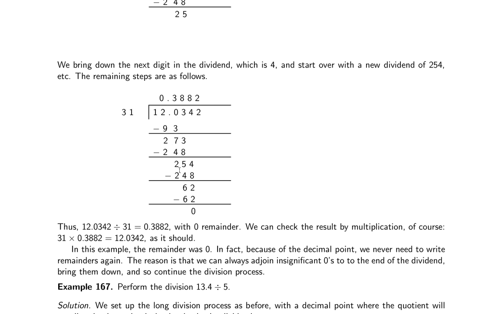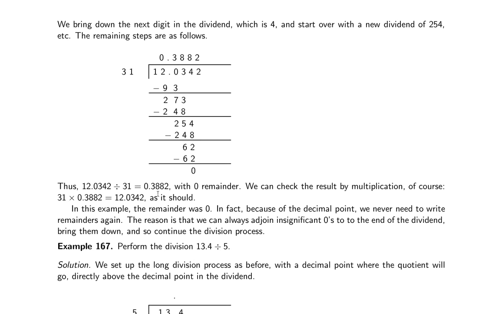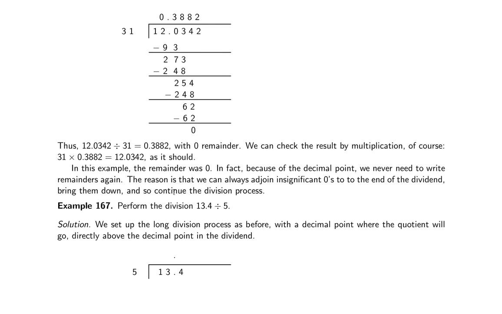All right, so the answer here was 0.3882. If you divide this decimal, 12.0342, by 31, you get this decimal.